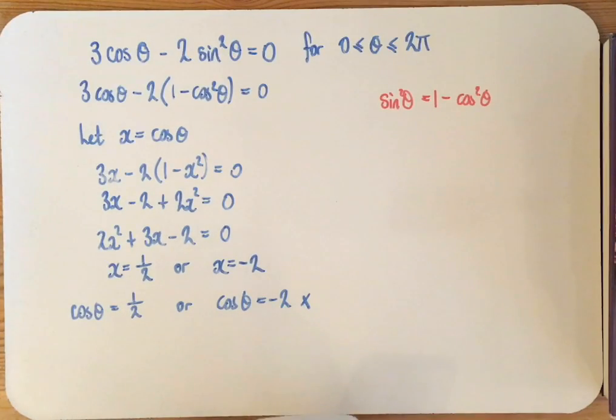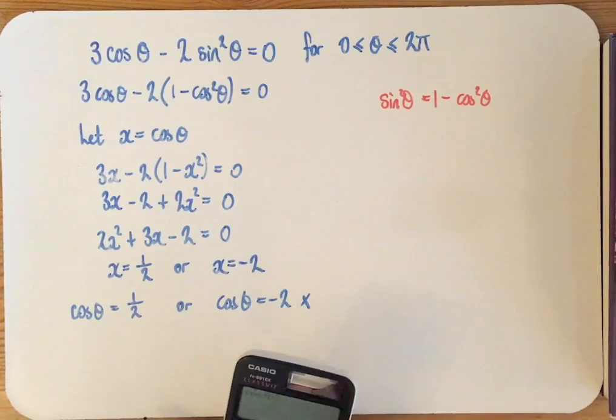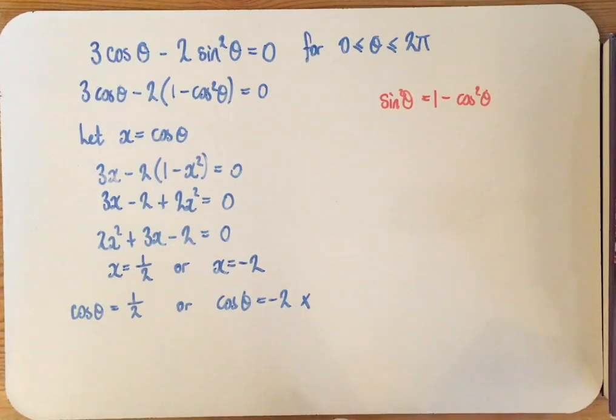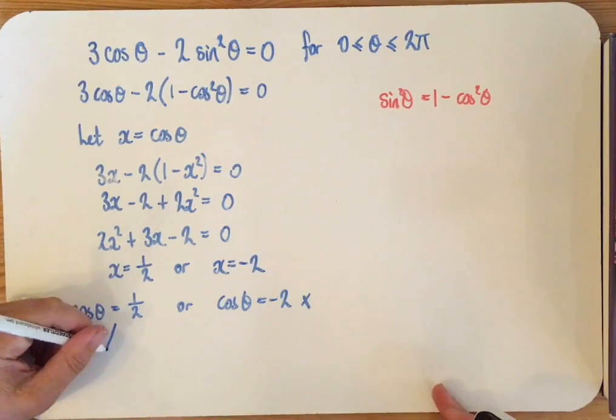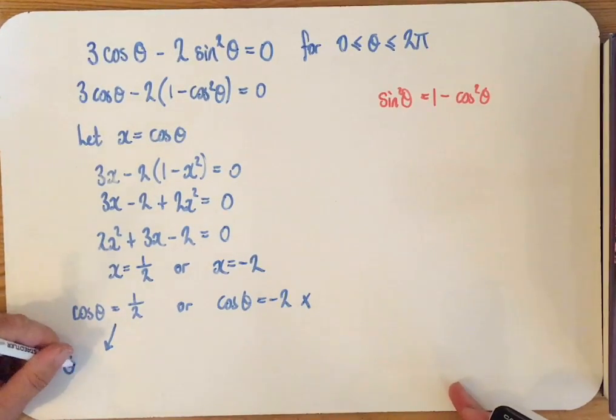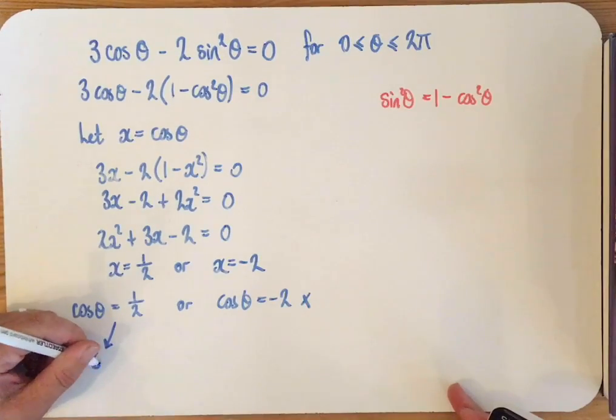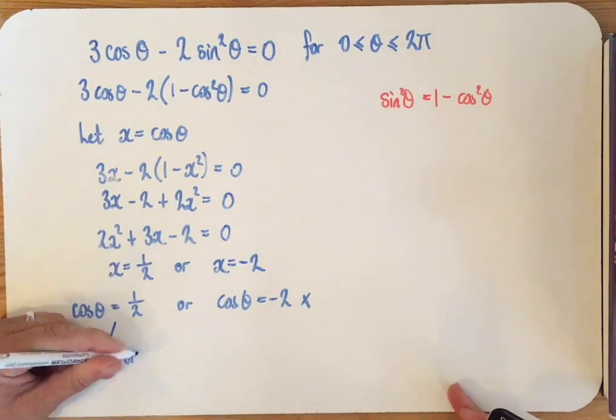If cos theta is equal to a half, we do shift cos half, then working in degrees, your calculator will tell you theta is equal to 60 degrees.